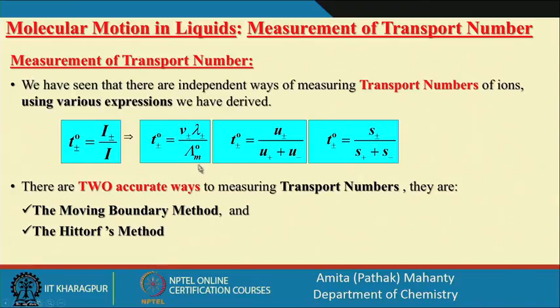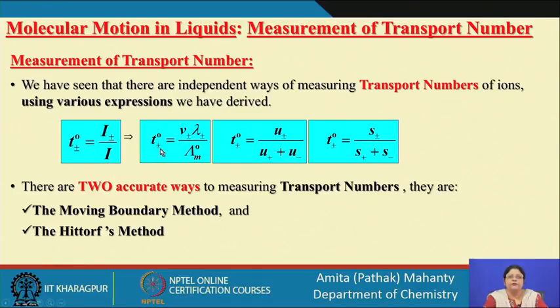So, we have seen how the transference number or transport number can be expressed as the ratio of the fraction of current carried by the positive ion by the total current passed through the system.